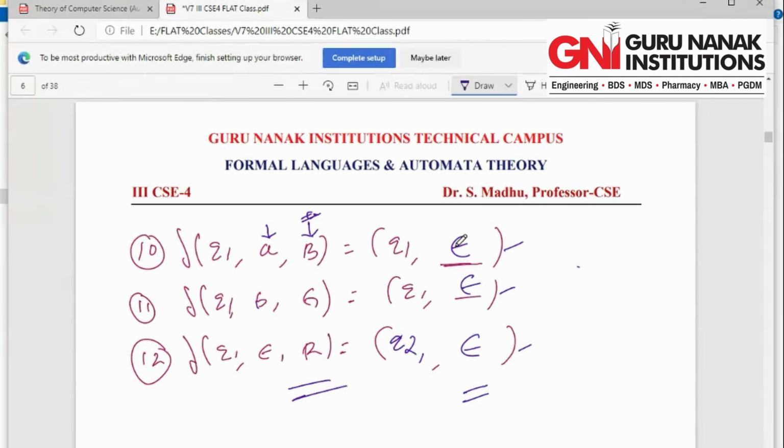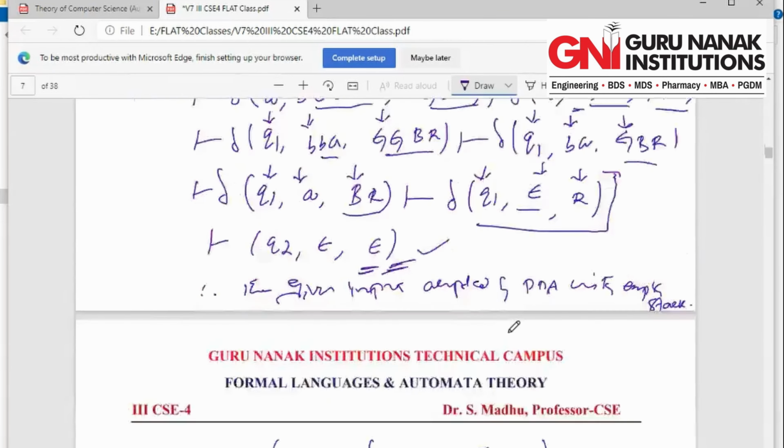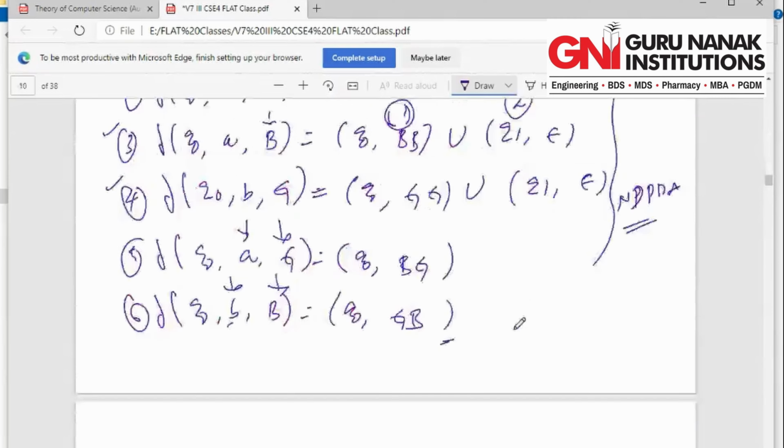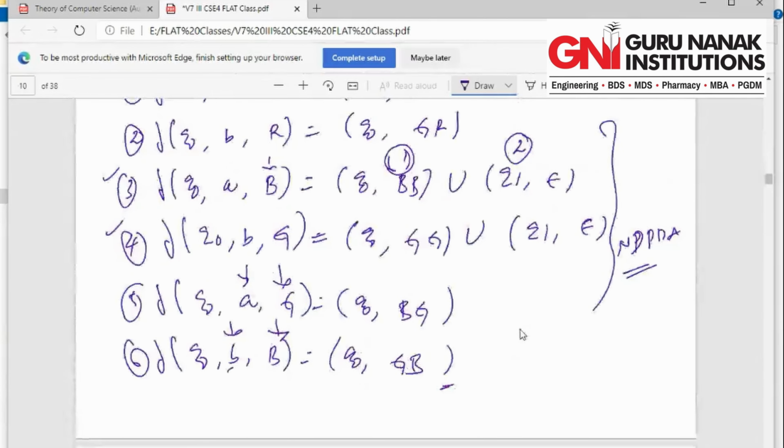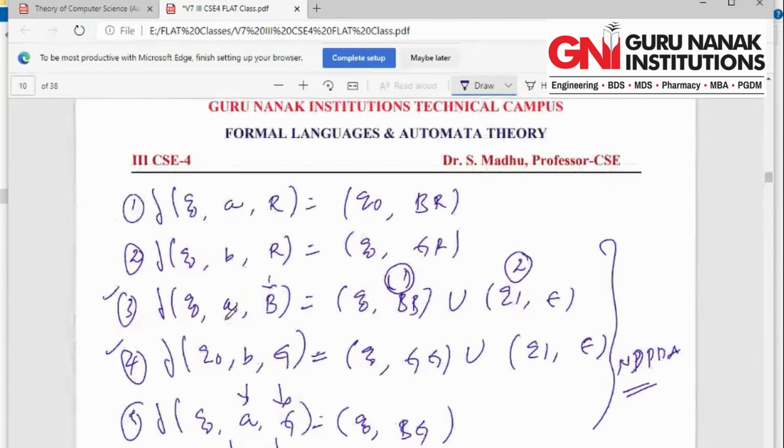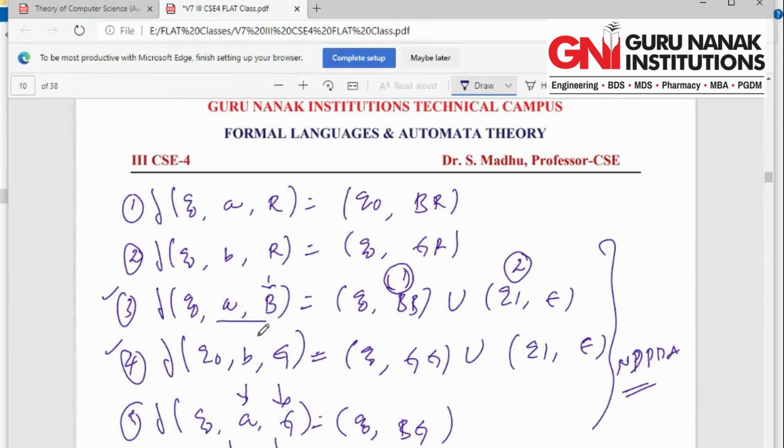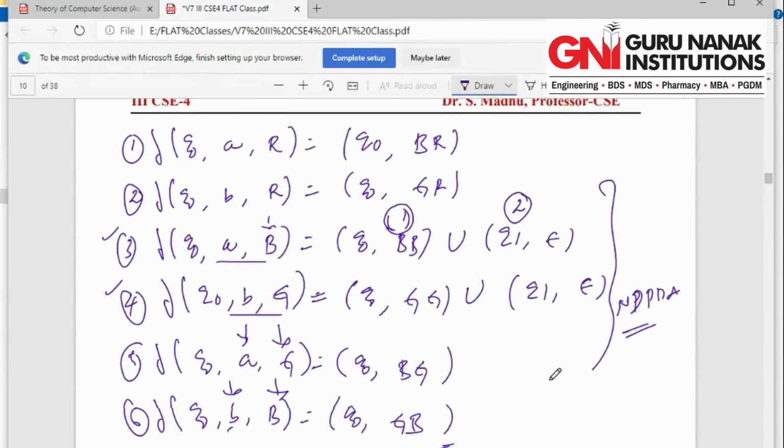Removed. So I applied both rules for the same combination. In this case, I applied both combinations for this one and this one. Is it clear, everyone? All of you clear this one or not?